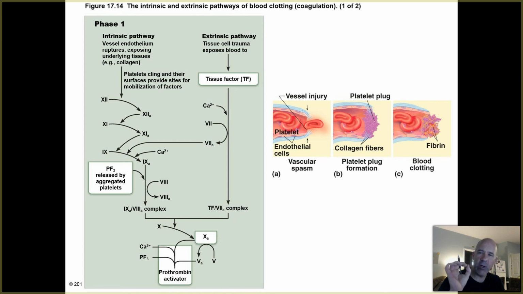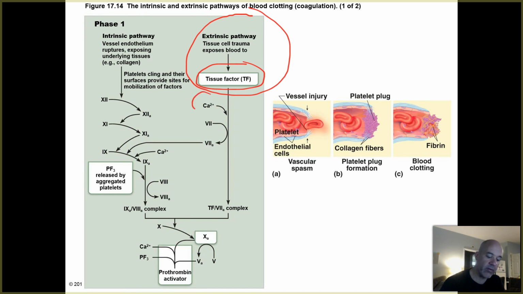So when you rip open blood vessels, you're almost always injuring surrounding tissues, and cells in your tissues, when they get injured, release a protein called tissue factor, and tissue factor helps set off this extrinsic pathway. Notice calcium is involved. You need calcium for both the intrinsic and extrinsic pathway, so calcium can also be considered to be one of these clotting factors as well.